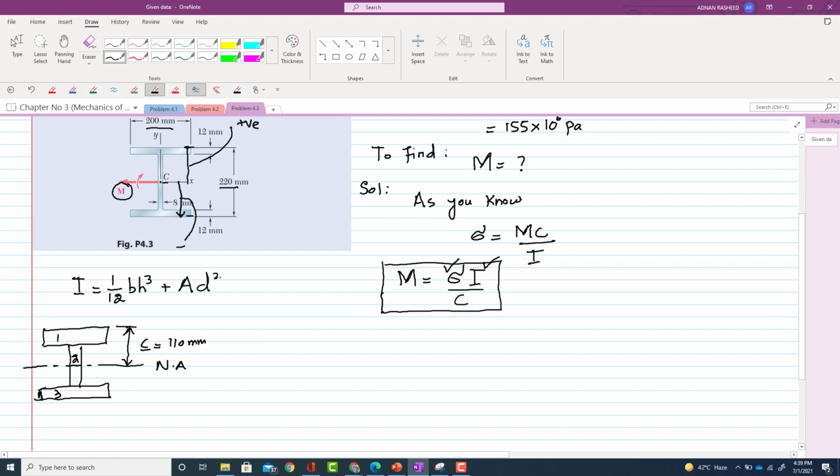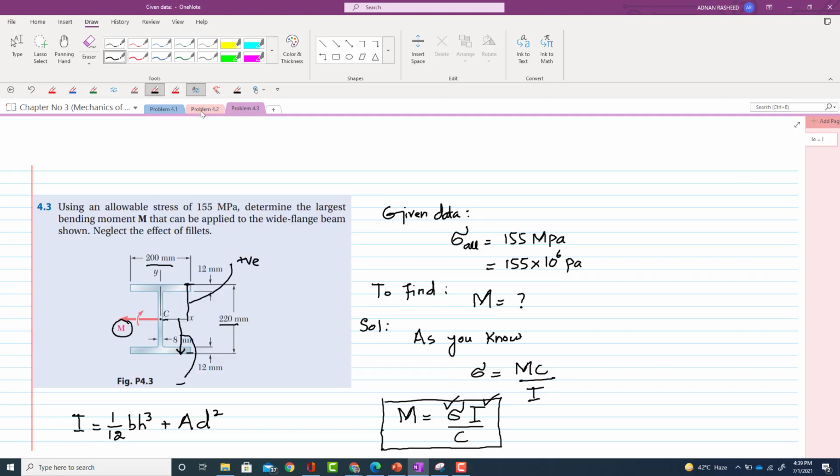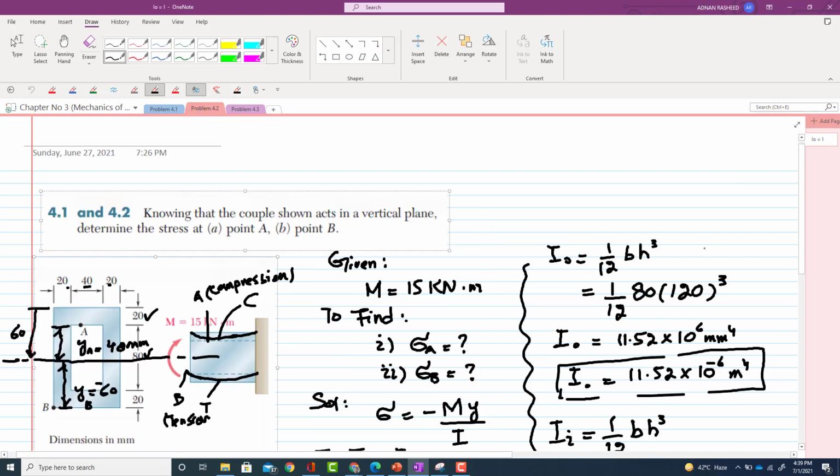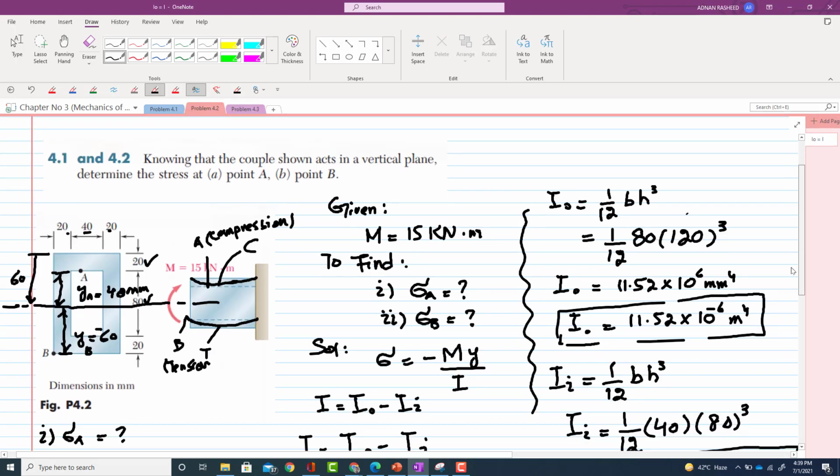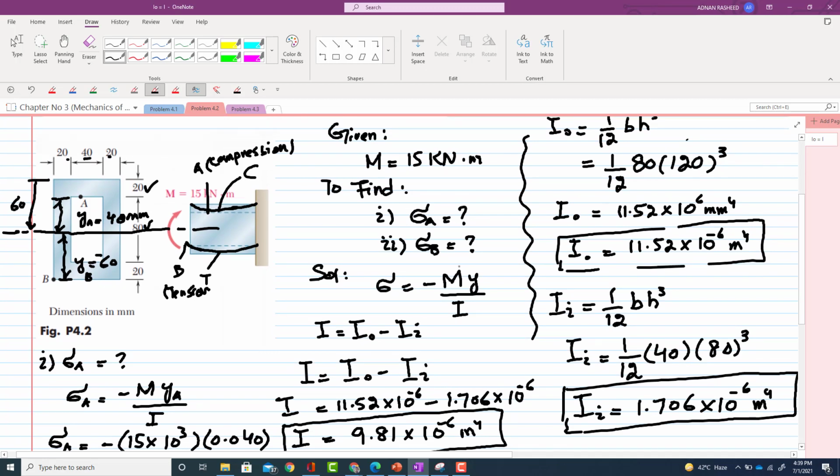Now you may be confused about what AD square is. If you go back to the previous problem, in which you calculated the value of I, it was just 1 over 12 BH cube for the outer and the inner rectangles, and there was no A plus D square.